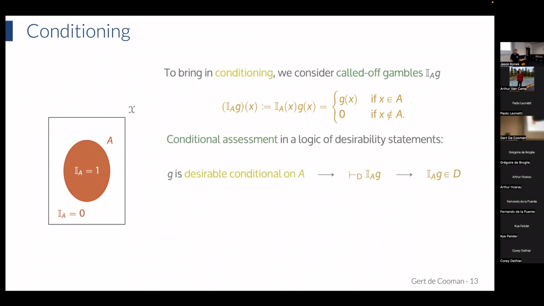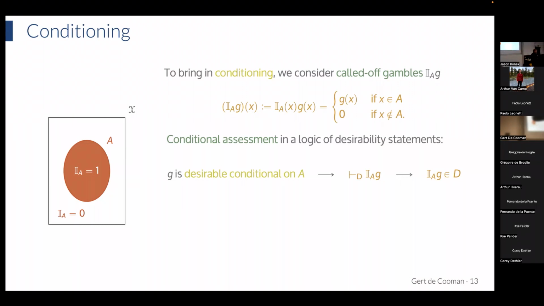So if you have a conditional statement, all you do is look at the called-off gamble, put that in your assessment, and use that called-off gamble to do inference. That's it. There's nothing special about this conditioning. You just change the type of gamble that you add to your assessments. This is how you get to conditional assessments.